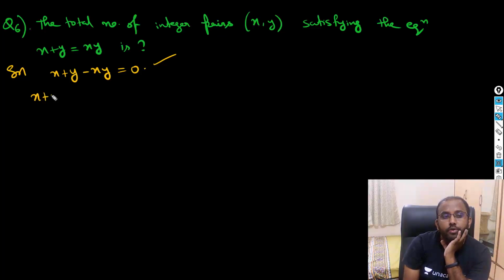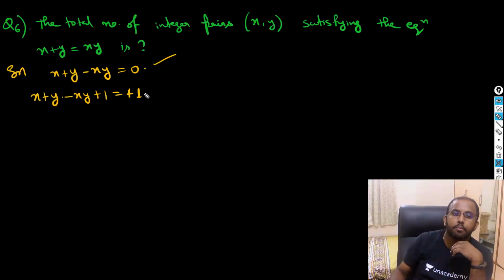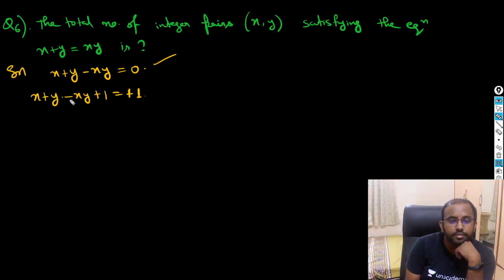What we do here, x plus y minus xy, and we add 1 to both sides. Once I add 1 to both sides, I can easily factorize it, right? Basically, if it is x plus y minus xy, from here I can take y as common. If I take y as common, it becomes 1 minus x.